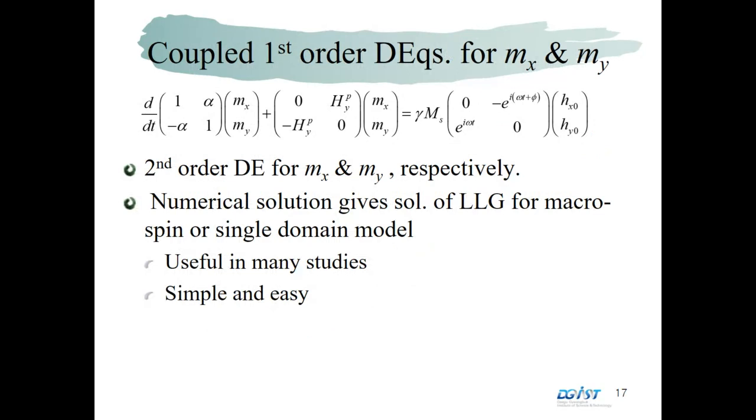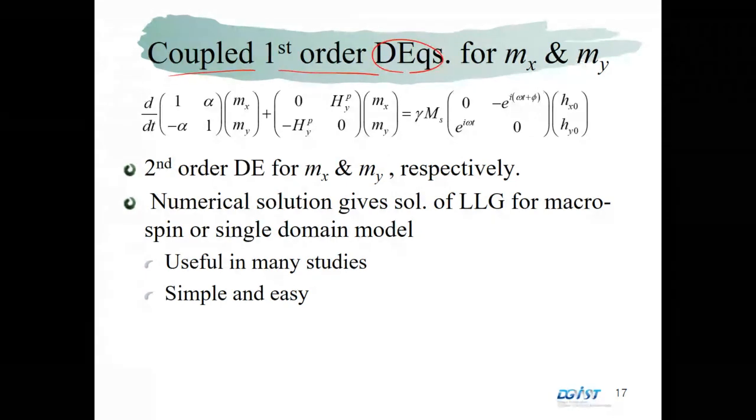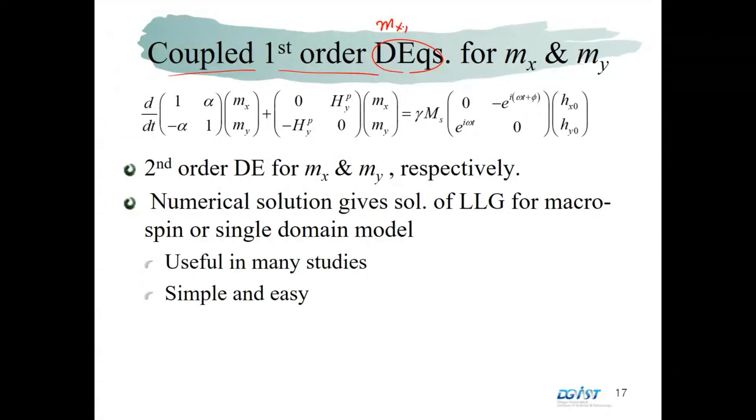The goal of this study is finding the susceptibility. It can be achieved by solving the coupled first order differential equations. Actually, there are two coupled first order differential equations for mx and my. We can represent them in this matrix form.